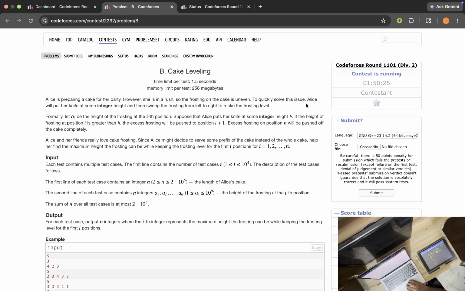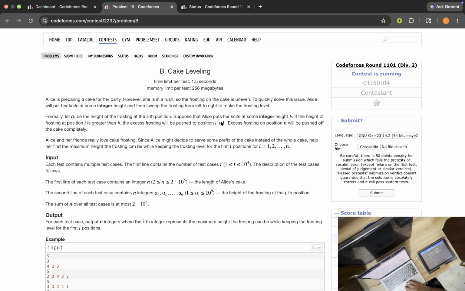To quickly solve this issue, Alice will put her knife at some integer height and then sweep the frosting from left to right to make it level. Formally, let A_i be the height of the frosting at the ith position.